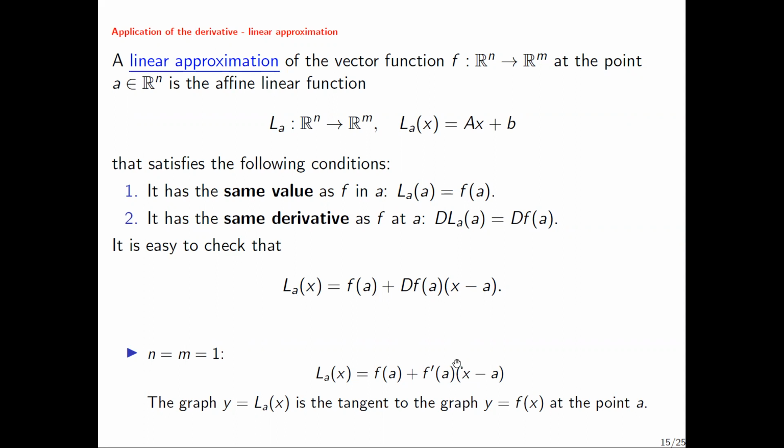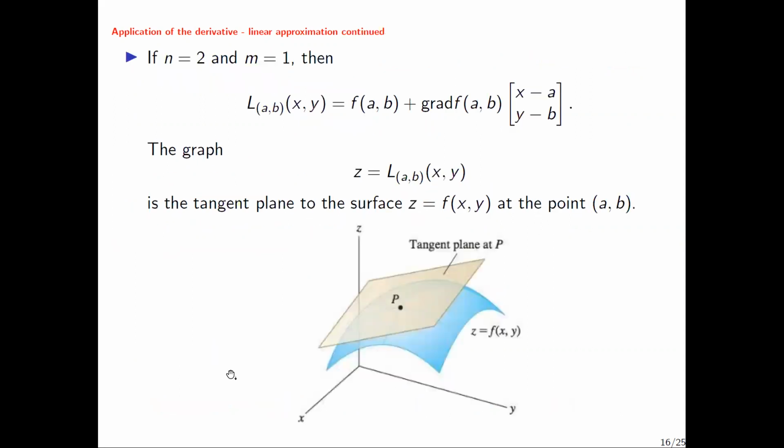So this nicely generalizes the situation where n is equal to m is equal to 1. And again, if you recall from analysis, the linear approximation of a function of two variables, so the function maps into R, is just the tangent plane in the point where we calculate the approximation.